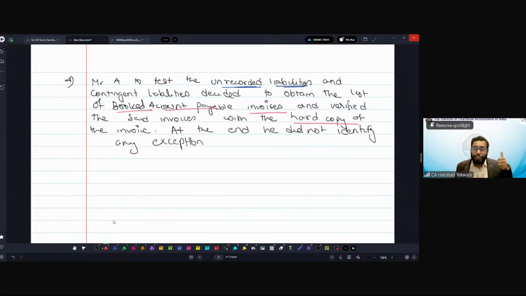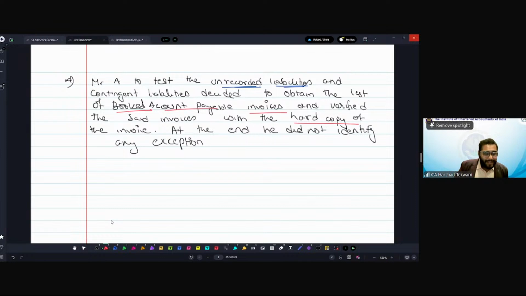But if I want to check the unrecorded liabilities, I'm sorry, this is not the correct testing. It may give you audit evidence which is not relevant for this particular purpose. It may be relevant for some other purpose, but not for this one.